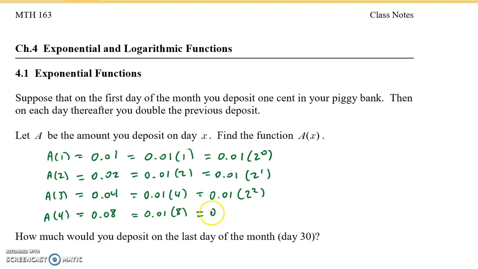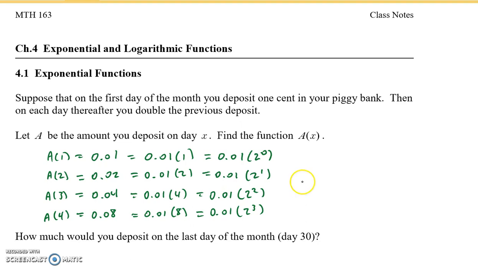And 8 is 2 to the third power. So we can see the pattern is that it's 0.01 times 2 to an exponent, where the exponent is 1 less than the value of x, the day that is.